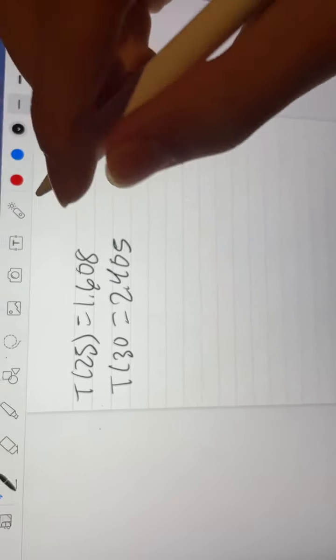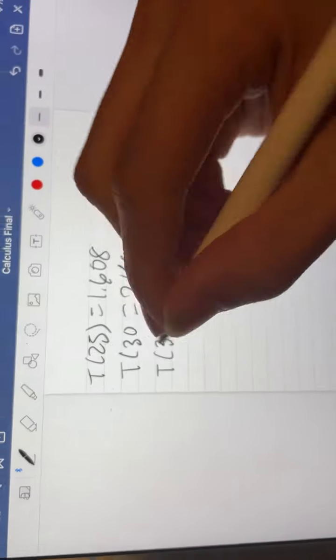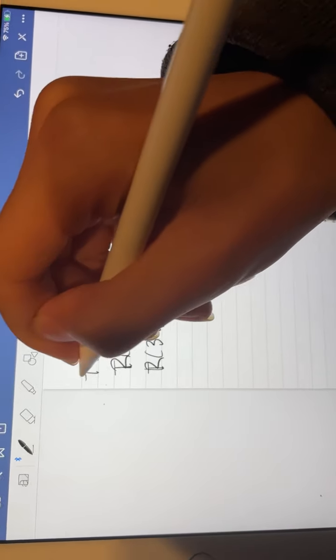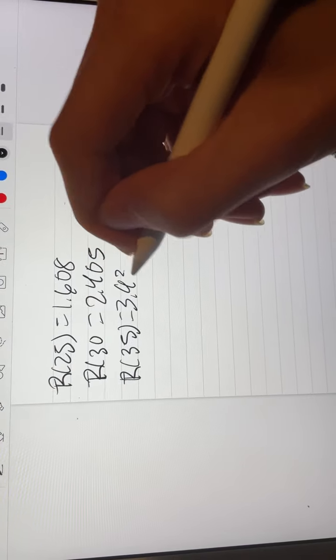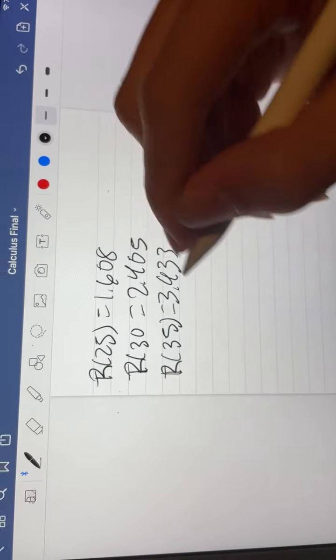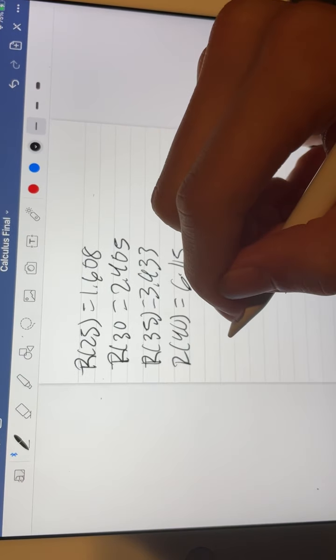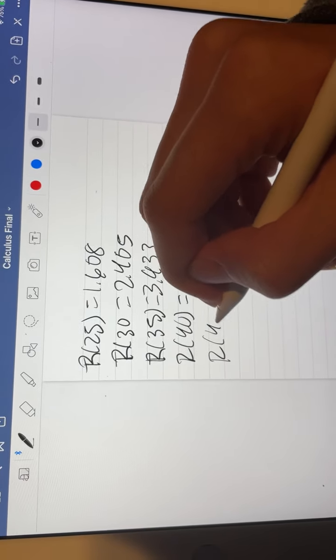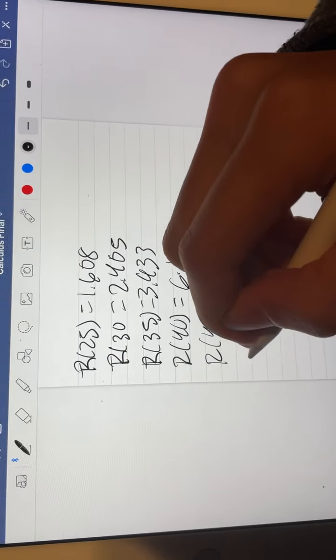And then that'll be T35, which would then be, oh sorry, not T, R. Sorry, what are my labels? So that'll be 3.9333. And then that'll be R40, which would then equal 6.115. And then R45 would equal 7.501.